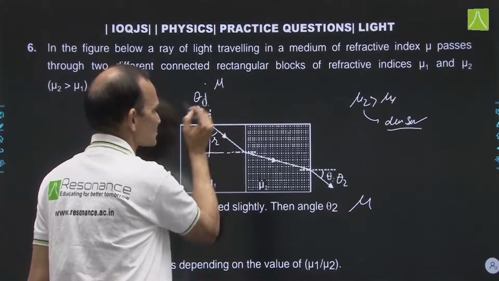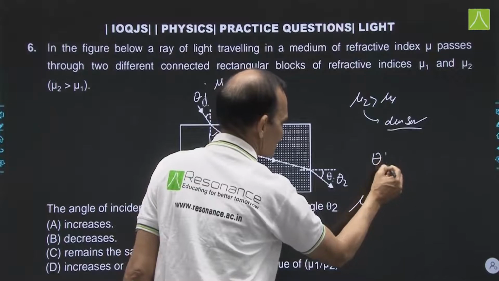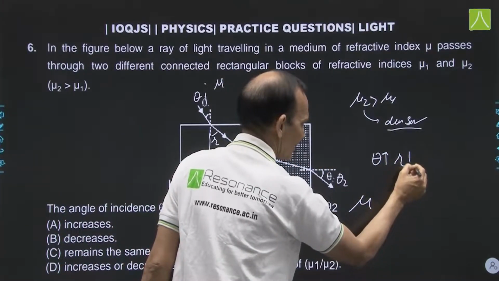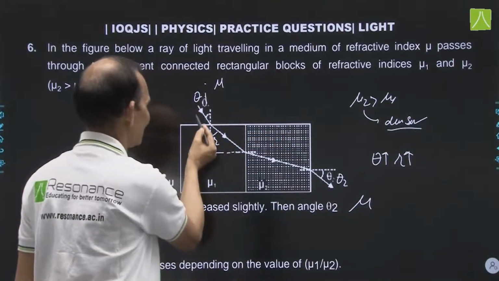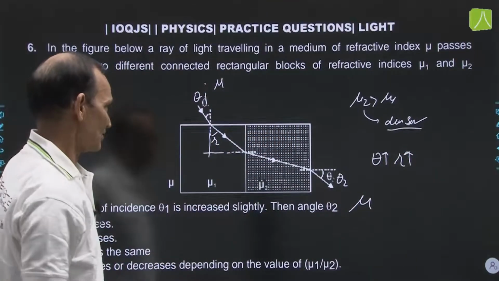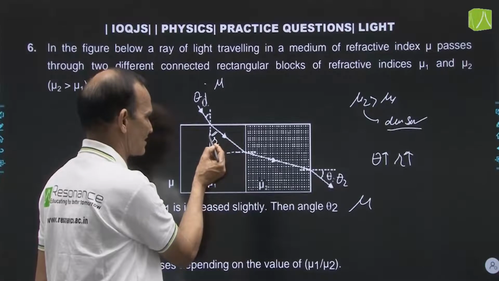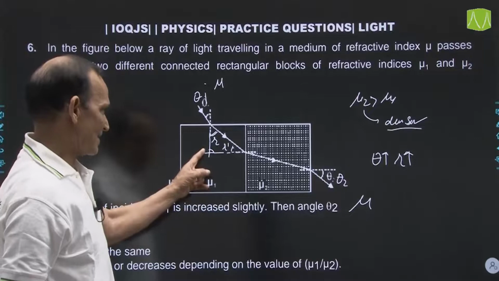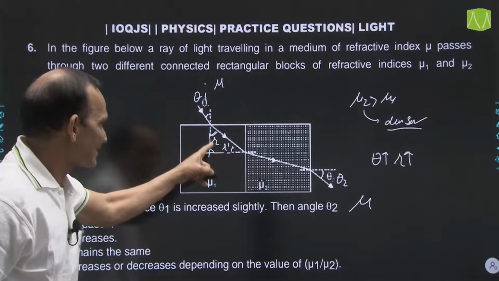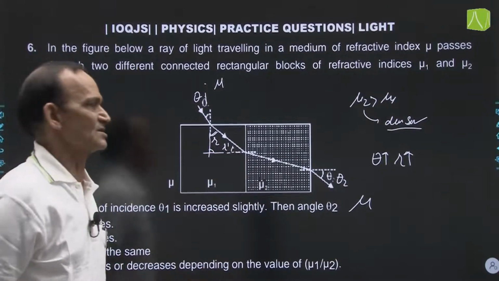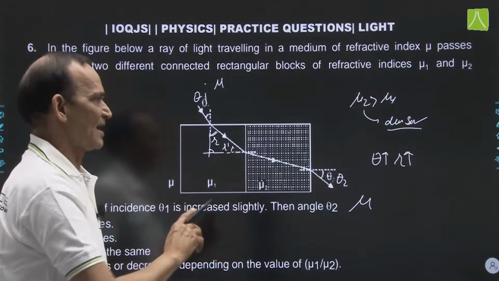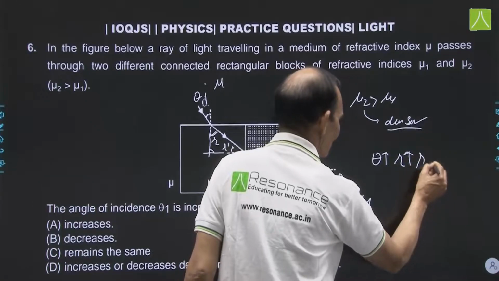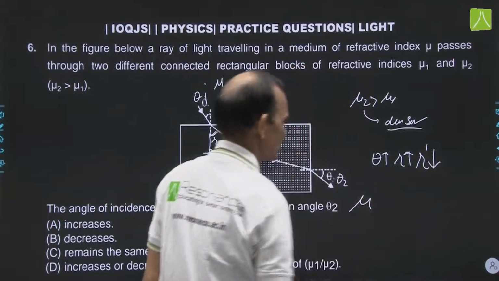If theta 1 increases, then definitely r will increase. Now think about this triangle, the sum of these angles. Suppose this one is r dash. This 90 is fixed, r increases, so r dash decreases, because the sum of r dash and 90 becomes 180, constant. So r dash will decrease.